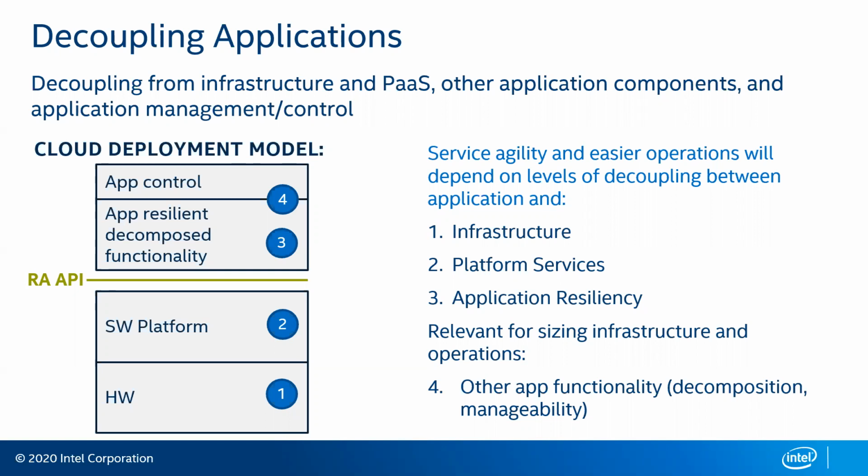And here on the left side is a little summary of that. So there is hardware infrastructure and software platform, and this is what the cloud infrastructure provider brings. And then what the tenant brings is the application functionality and the application control.